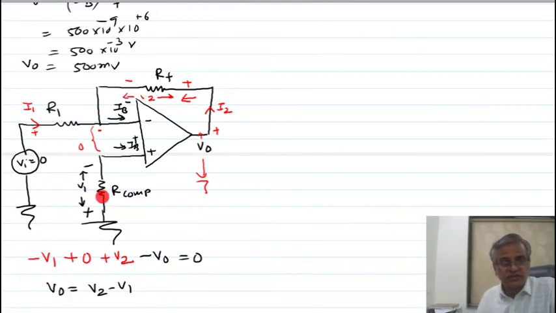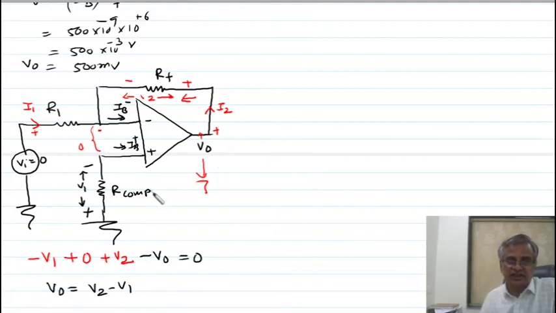By introducing the compensating resistor between the non-inverting terminal and ground, voltage is developed across the R compensated resistor. By selecting the proper value of R compensated, V2 can be cancelled with V1 and the output voltage VO can be made 0 or reduced.